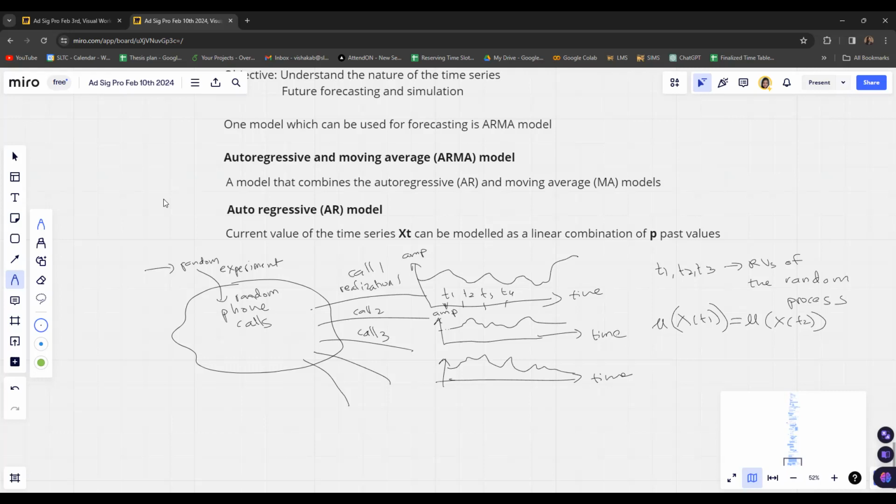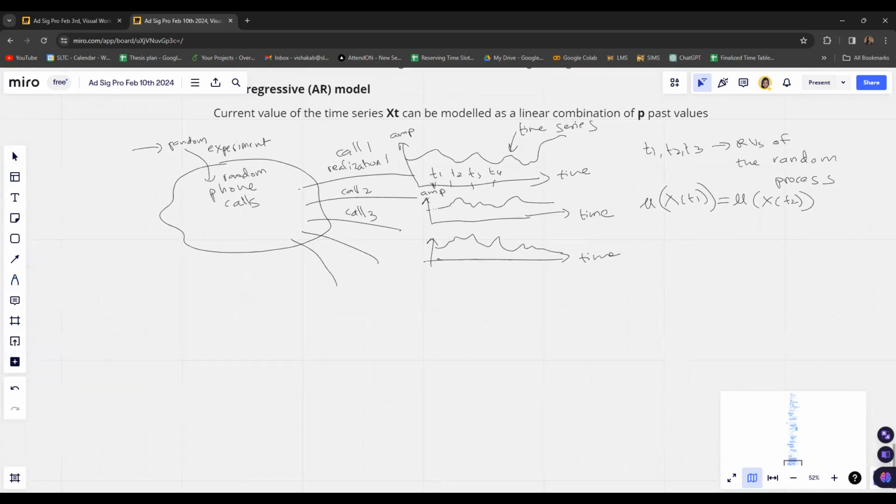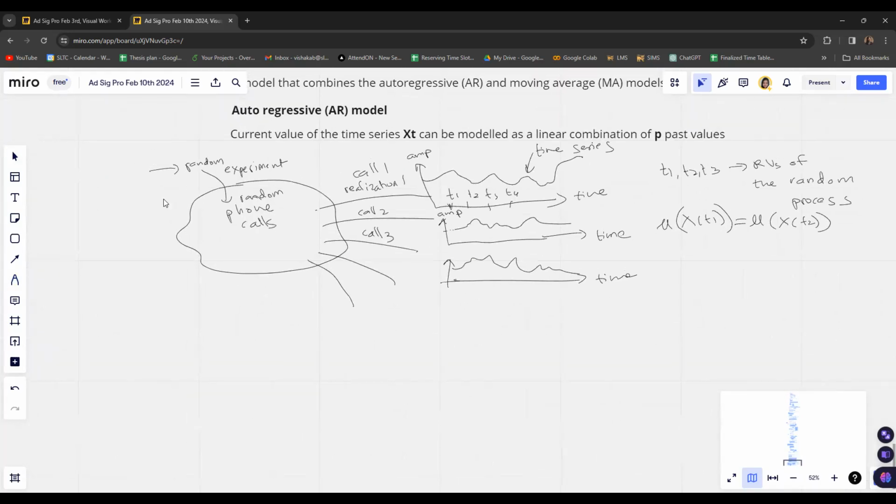So this is a time series signal, right? This kind of time series signal will depend on T1, T2, T3, T4, likewise random variables. We need to consider that when we are trying to forecast the time series signal.